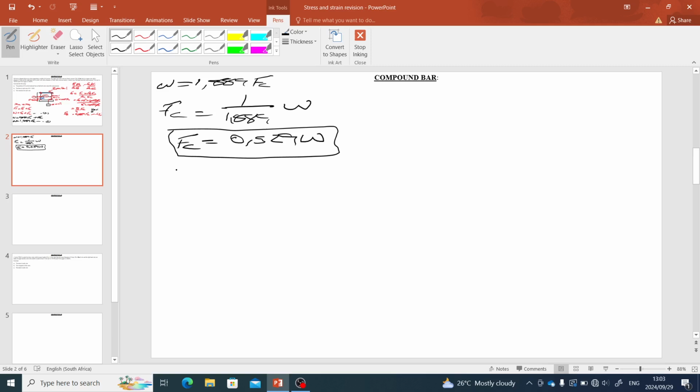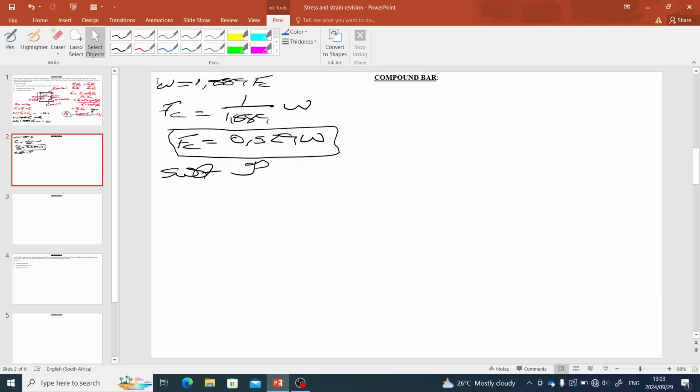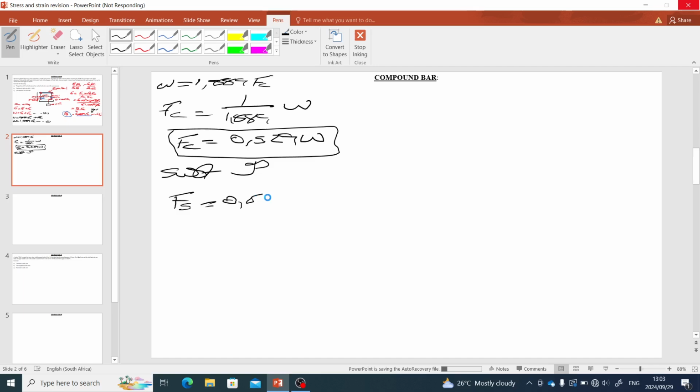Then we substitute this into formula number 1, so that we can get the force acting on the steel wire. We have Fs equals 0,889 FC.